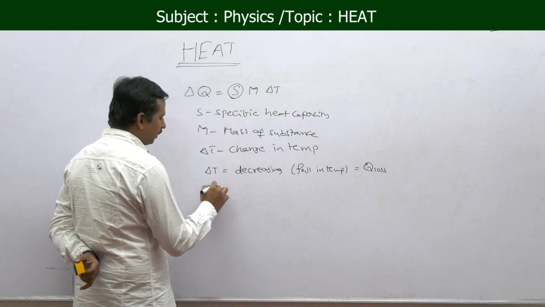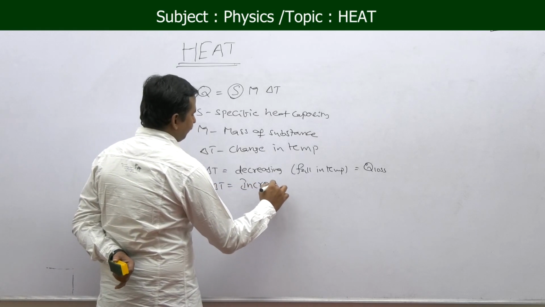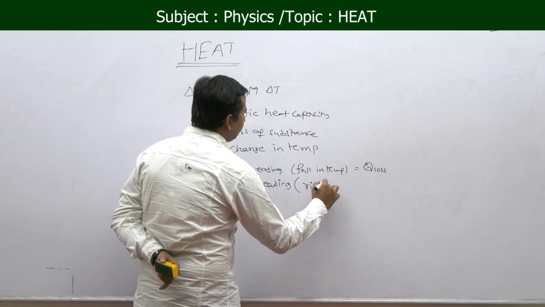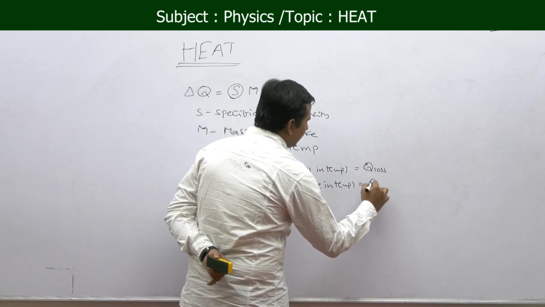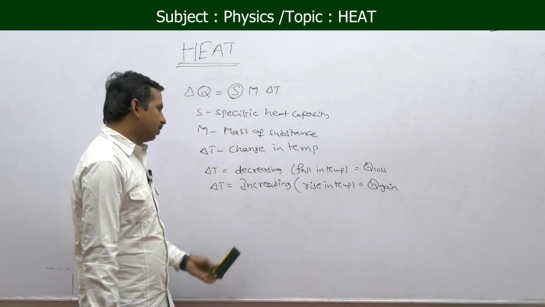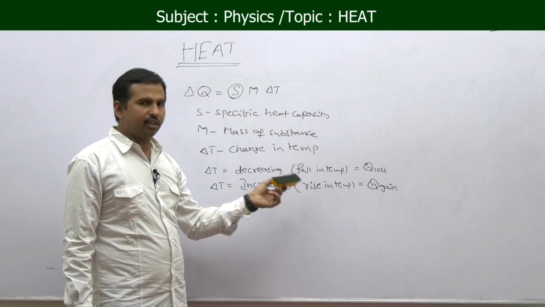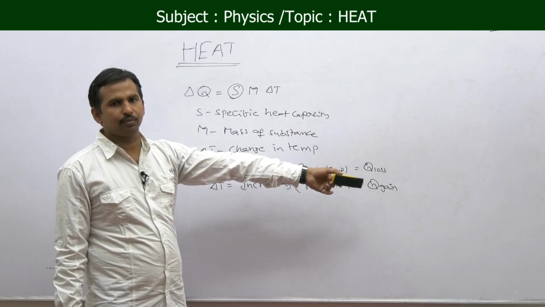And if delta T is increasing, means there is a rise in temperature, it is nothing but gaining the heat, Q gain. So delta T decreasing means there is a loss of heat, and delta T increasing means there is a gain of heat energy for this substance.